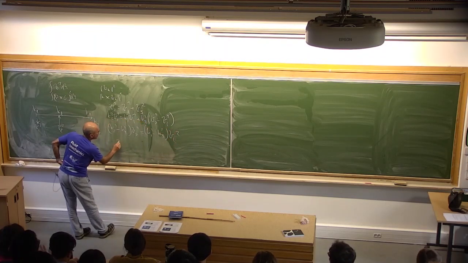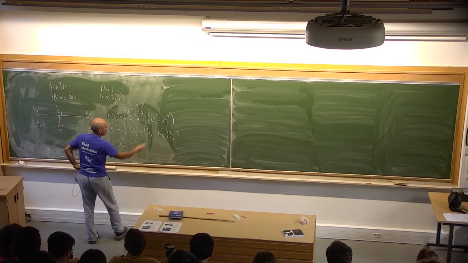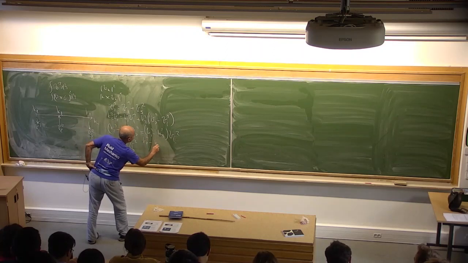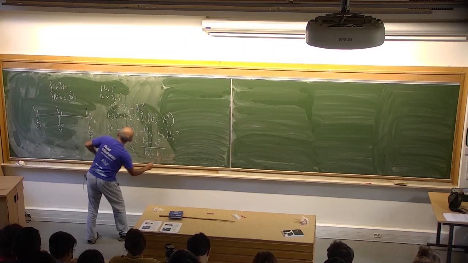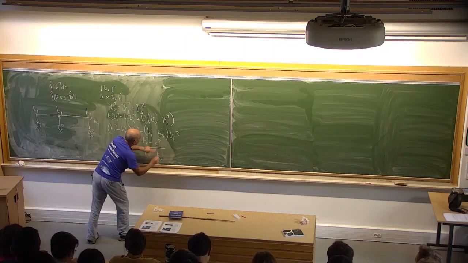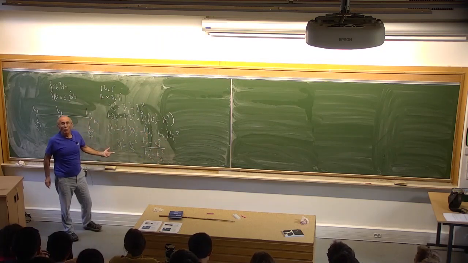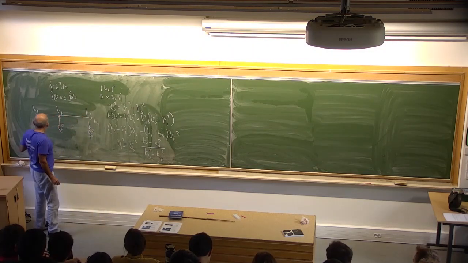So I immediately obtain that v2 squared is equal to v1 squared times k3 squared minus k1 squared, divided by k3 squared minus k2 squared.